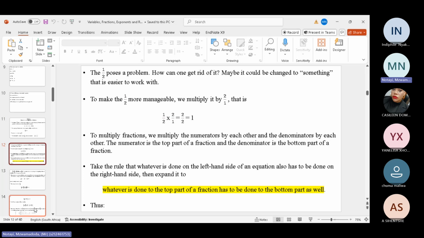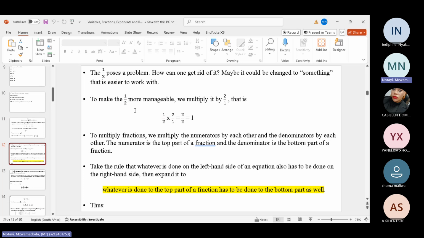The 1 over 2 poses a problem. The 1 over 2 in the denominator is the one that poses a problem. You must find a way of getting rid of it. Maybe it could be changed to something that is easier to work with.